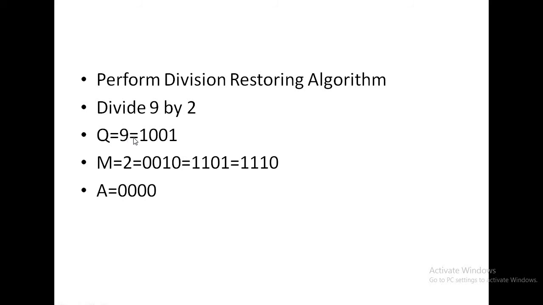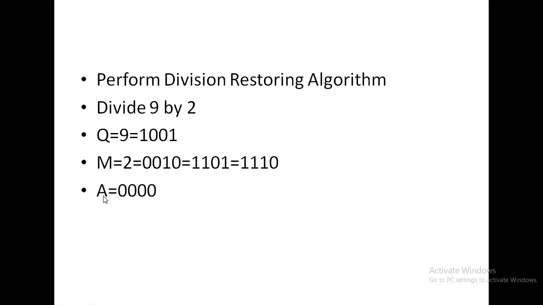I will represent 9 as 1001 in 4-bit representation and 2 as 0010. Then I will write the ones complement of 0010. 0 is changed to 1 and 1 is changed to 0. So the ones complement of 0010 is 1101. And the 2's complement of 0010 means 1101 plus 1, that is 1110.